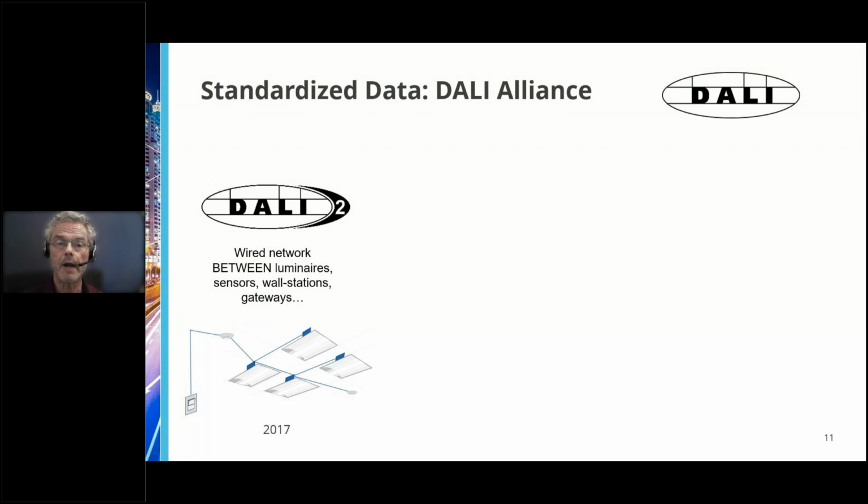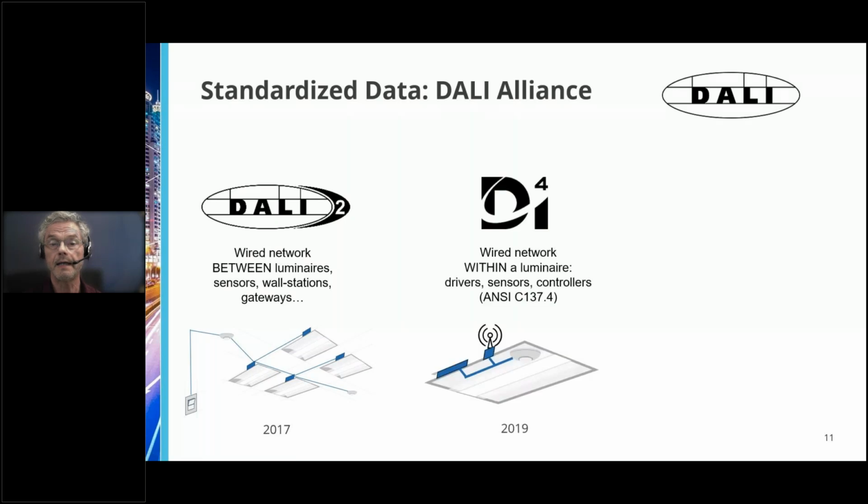DALI 2 requires certification testing to support interoperability between certified products and defines protocols to manage data from sensors in a standardized way. In 2019, the D4I protocol for communication between components within a single luminaire was adopted in North America as the ANSI C137.4 standard.